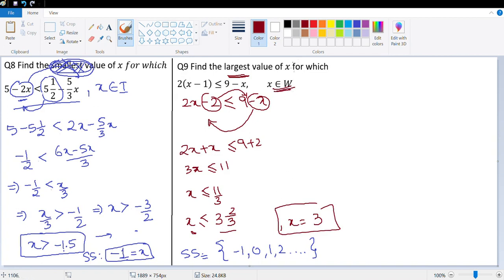In case this element of largest was not given, my solution set would have been x less than or equal to 3, which means whole numbers 0, 1, 2, 3. That would have been the solution set in case largest was not there. Since largest is given, the largest possible value is 3.